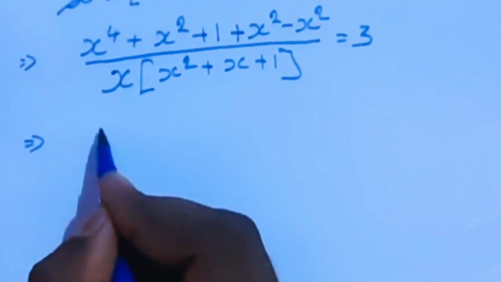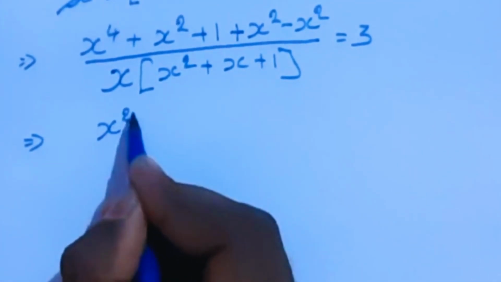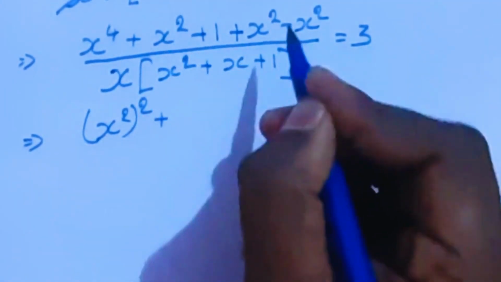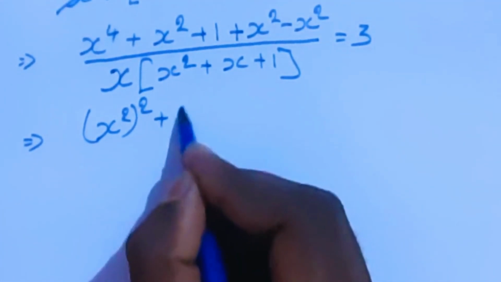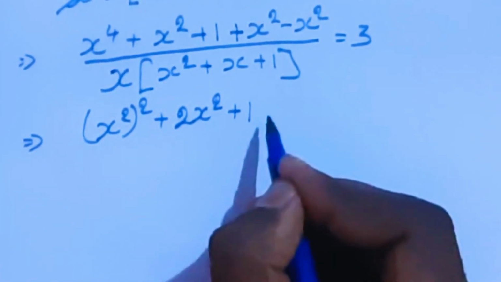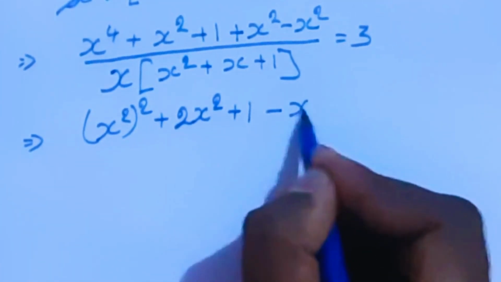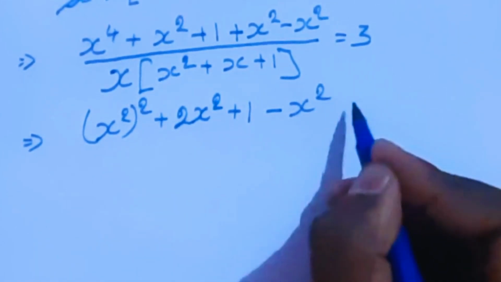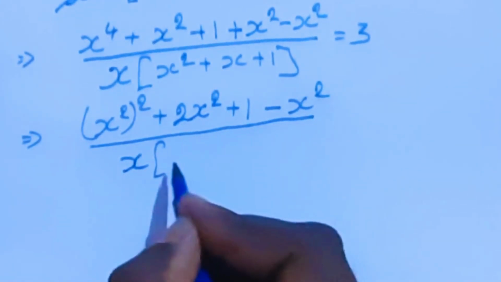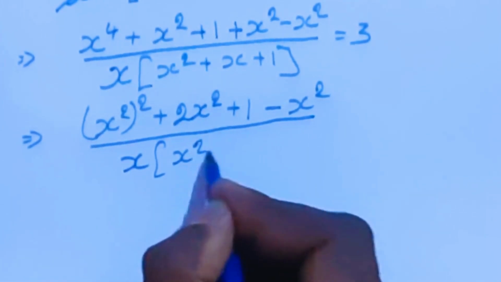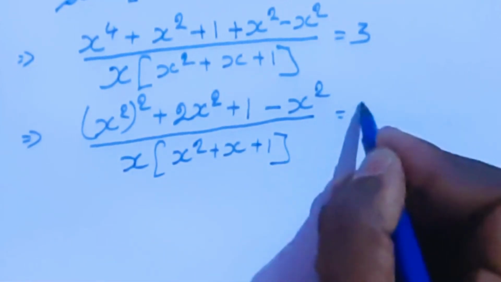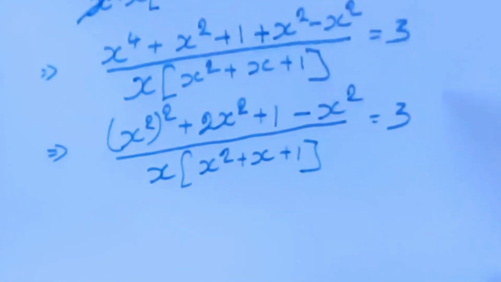Now here this x^4 can be written as (x^2)^2 plus x^2 and x^2 here. So 2x^2 plus 1 minus x^2, divided by x^2 + x + 1 = 3.